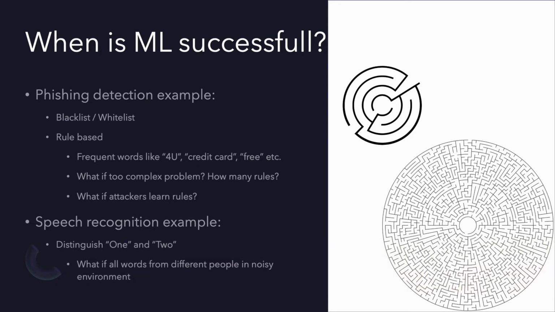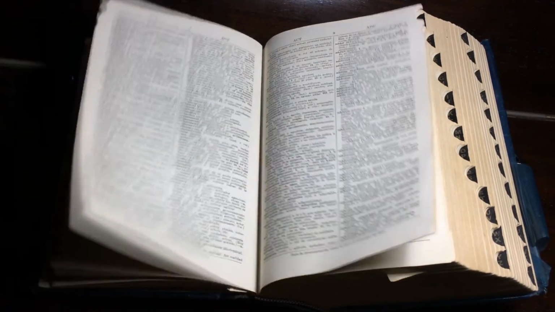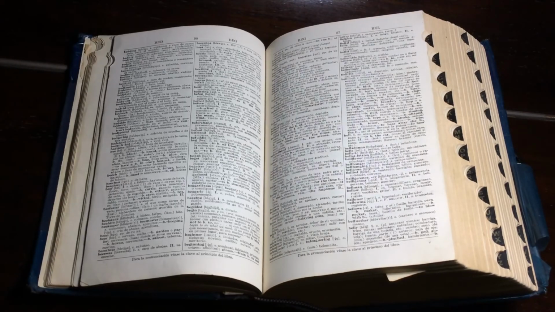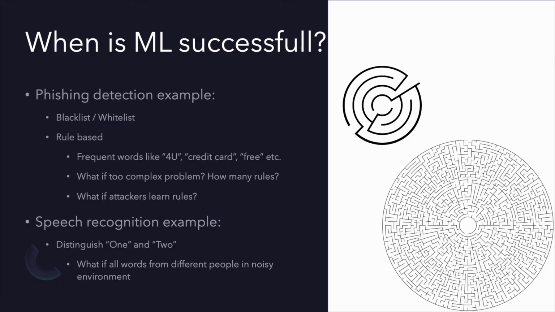Okay, the second example is a speech recognition application. Let's assume that you want to distinguish the sounds of 1 and 2. You can code your program based on the tones of these 1 and 2. It will be hard, but not impossible. However, if you try to distinguish all English words in the dictionary, from 1,000 different people or different pronunciations, coding in the traditional way will be impossible.